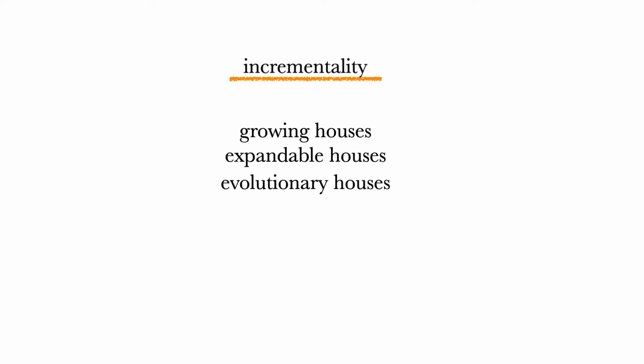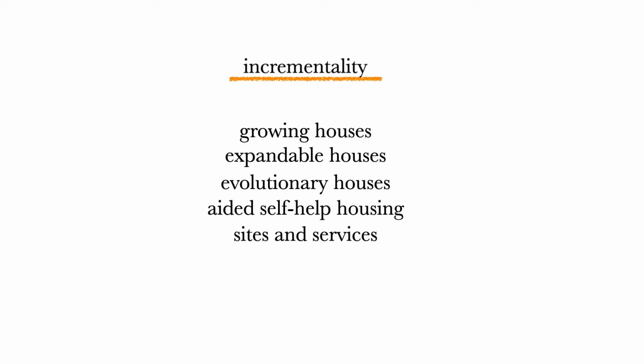There are indeed a few other terms used to name this housing approach or these types of houses: growing, expandable, or evolutionary houses, aided self-help housing, and sites and services. While all these terms can be placed under the umbrella of incremental housing, they are not interchangeable.